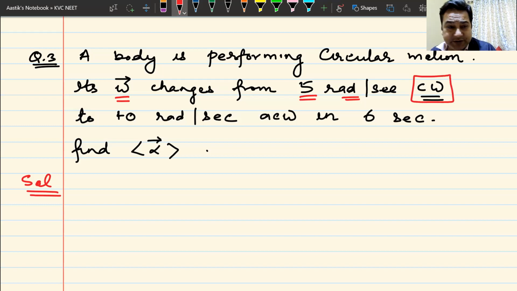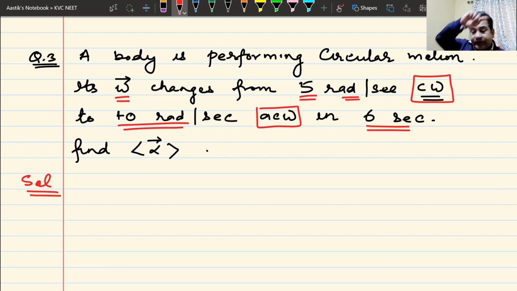So from 5 radians per second clockwise, it changes to 10 radians per second anti-clockwise in 6 seconds. So previously it was 5 radians per second clockwise. Now it is 10 radians per second anti-clockwise. The time it has taken is 6 seconds. You have to tell me what is the average angular acceleration.